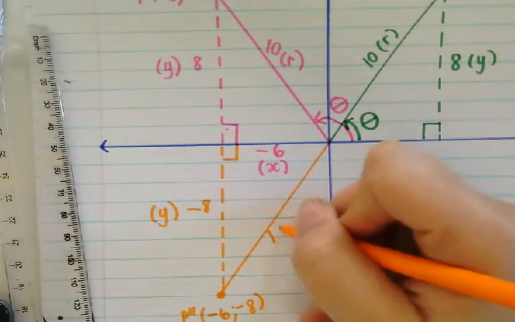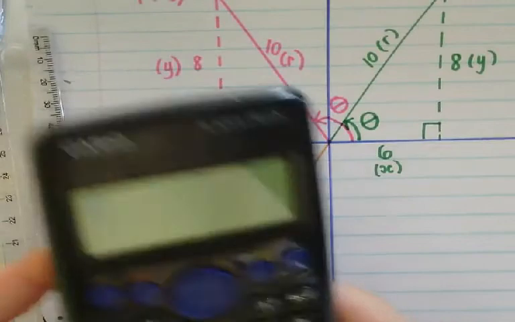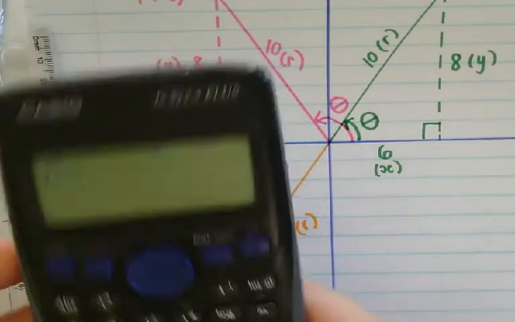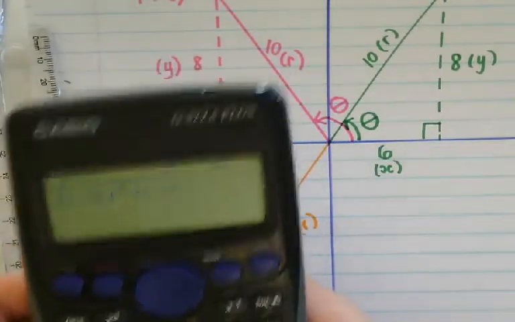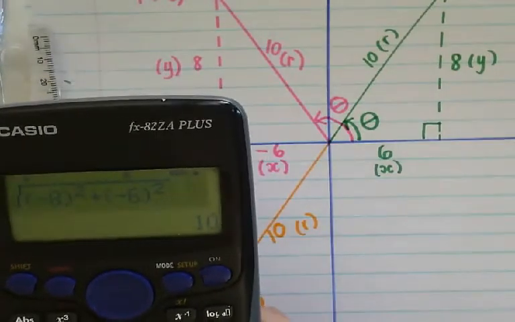Positive 10. Remember, a negative squared is always positive, so it doesn't matter that the x and y are negative. My hypotenuse will be a positive value. So showing it to you, square root, negative 8 squared plus negative 6 squared still gives me positive 10.